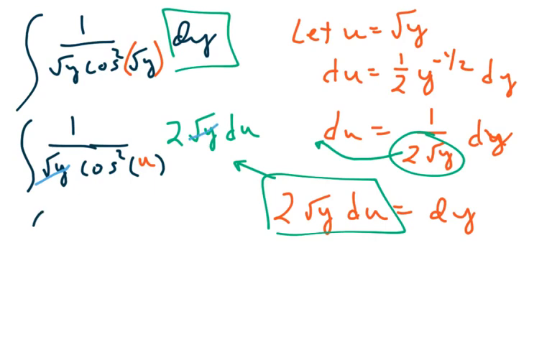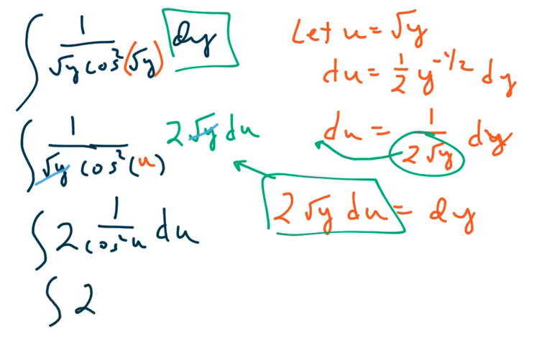Now, I'm slowly but surely getting to a simpler integral, and that simpler integral is 2 times 1 over cosine squared, which we're able to, by some simple trigonometry, say that the 1 over cosine squared is the same as a secant squared. And so the problem ultimately becomes, what's the antiderivative of secant squared?